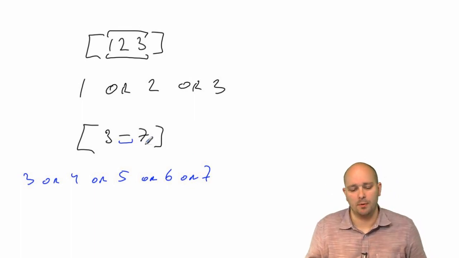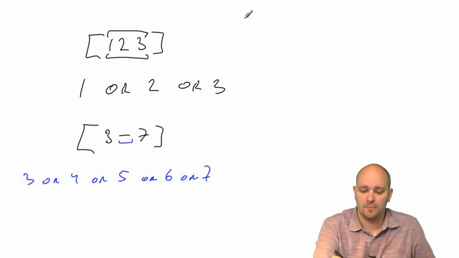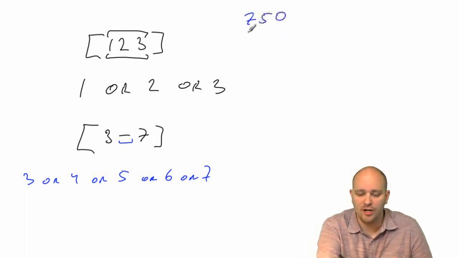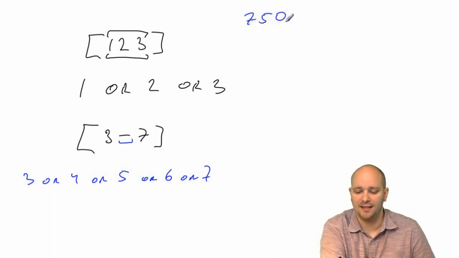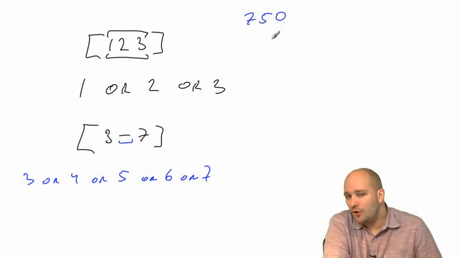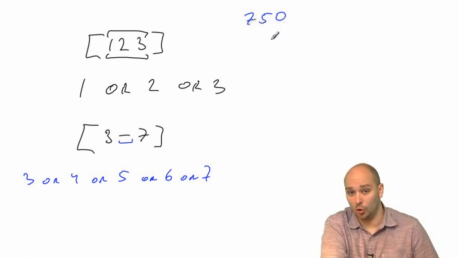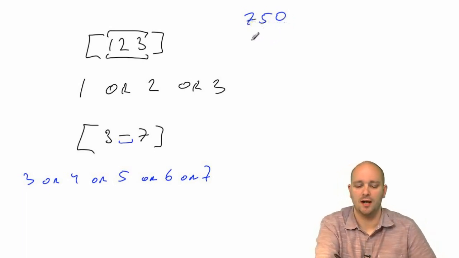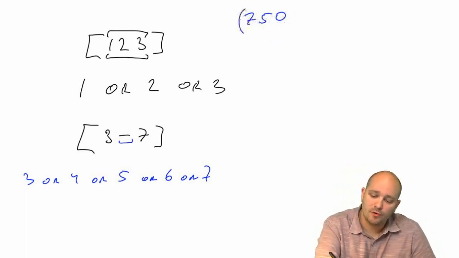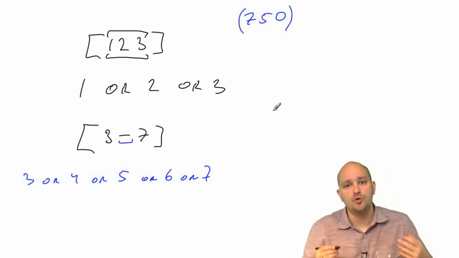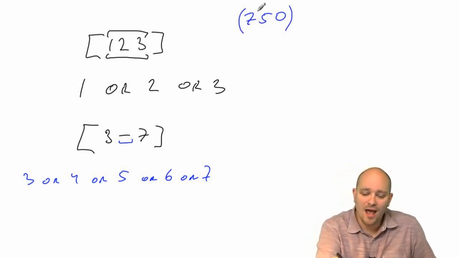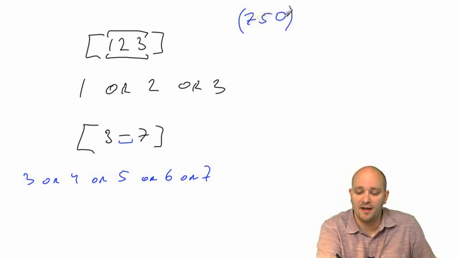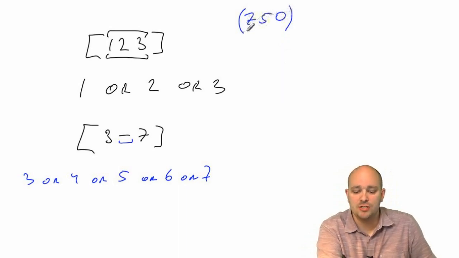But what if, for example, we wanted to match 750? Well, we already know that just typing it like this is enough. But typing it like this is not very useful if we wanted to use something called the modifiers, which I'm going to mention a little bit later. So we can actually provide this as a group of characters. So now this 7 immediately followed by 5 immediately followed by 0 is treated as a group of characters.